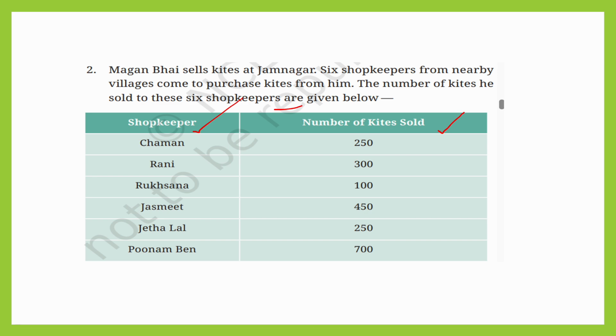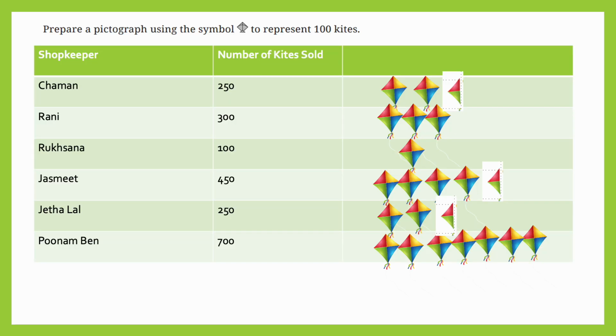See, Chaman 250, Rani 300, Ruxana 100, Jasmeet 450, then Jeeta Lal 250, Poonam Ben 700. Prepare a pictograph using simple kite to represent 100 kites. So, one symbol, it represents 100 kites.